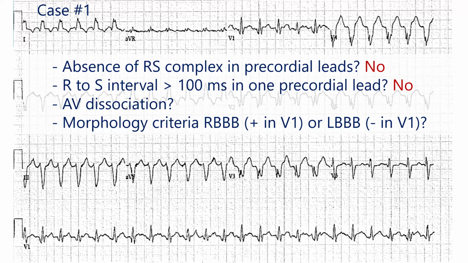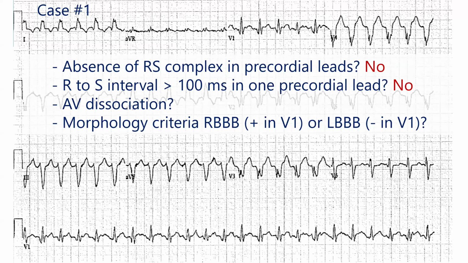And in this case, without using calipers, I'd say the answer is no, meaning it's not possible to go between these deflections, which are suspected atrial activity, and confirm that you've got consistent timing beat to beat.